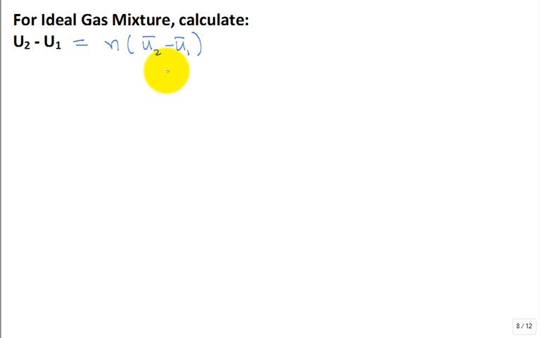Does that equation look reasonable? You could also say, well, if I knew the total mass and I multiplied by U2 minus U1, those don't have a bar on them, and they're lowercase, so it's specific. Notice the units on this one. This would be in kilojoules. This would be kilojoules per kilomole. This would be kilojoules per kilogram.